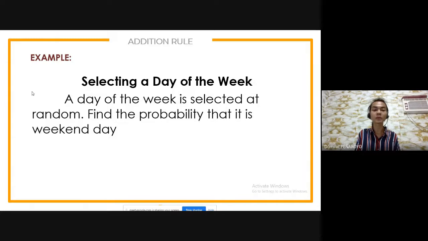So what is the probability that it is Saturday? That is 1 over 7. And what is the probability that it is Sunday? That is also 1 over 7.